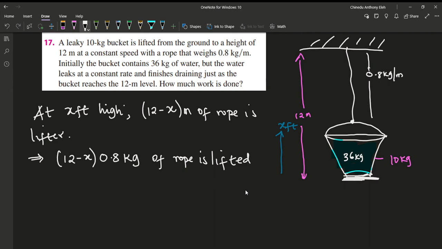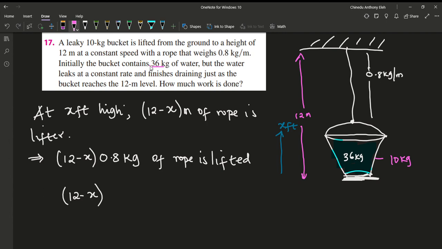Since the water is leaking at a constant rate, we can assume that this change in mass would depend on the height above the ground, which is what we have. Just like we did in the previous problems, we would have 12 minus x remaining, and then each foot above would weigh what?